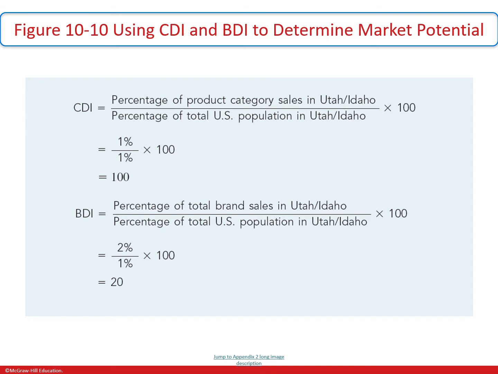So for example, if you notice that your brand is not growing, but the category itself is growing, then you need to examine your product, examine your campaign to see what is wrong, because other brands are selling, yours is not. That's what the BDI and the CDI do together: the two of them work together to help you to interpret the market potential.